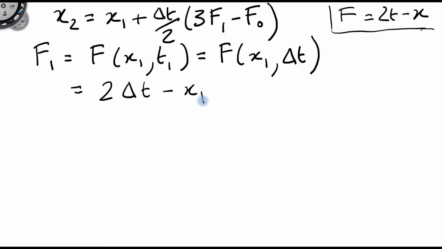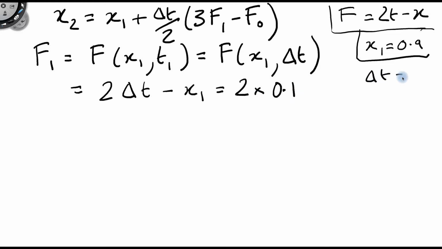And x1 was evaluated on the previous slide from the forward Euler. So that is equal to 2 times 0.1, delta t is 0.1, just reminding you of these things, plus, sorry, x1 was minus 0.9.